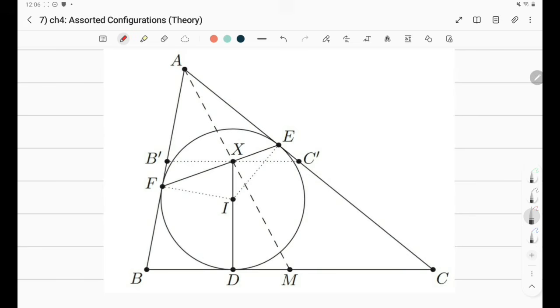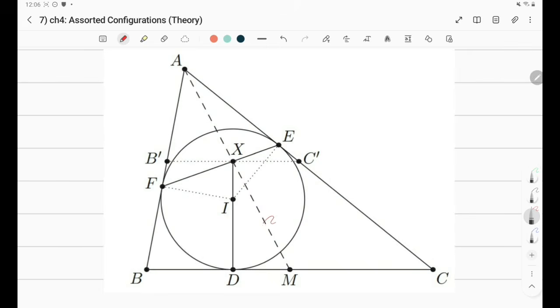So yes, what can we do? If you look at it, we have DI and EF, they're meeting at X, and we need to show this is a median. One not very nice thing is, what does the median even do with this? Like A, X, and M, what does M have to do with the whole diagram here?